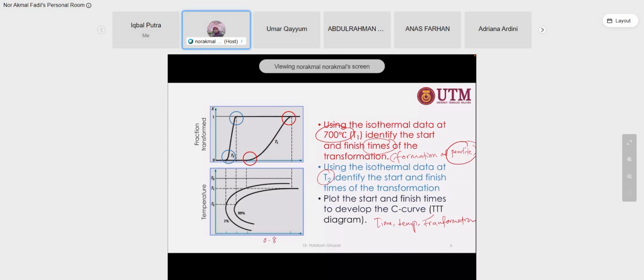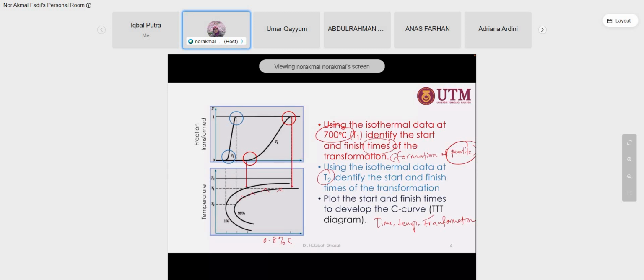In this example, 0.8% carbon. So let's say you produce a new carbon steel, which is 0.9. You need to do the same. Okay, there are various temperatures, 1, 2, 3, 4, 5, and various temperatures, to ensure that the data plot is following exactly the curve.